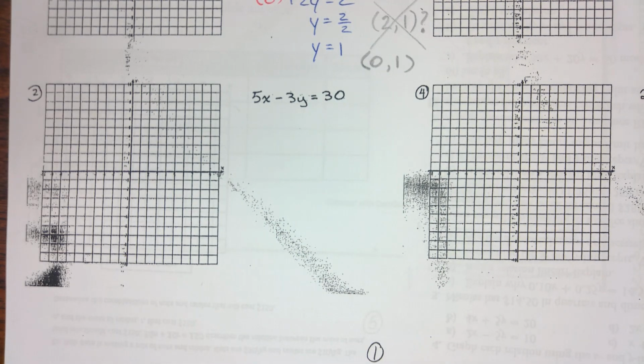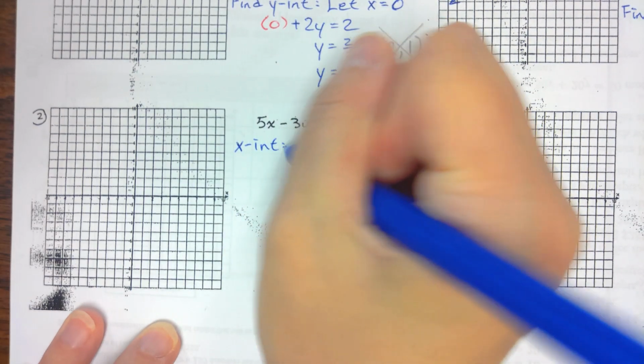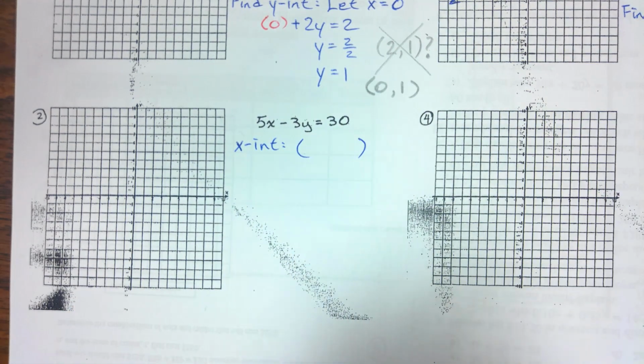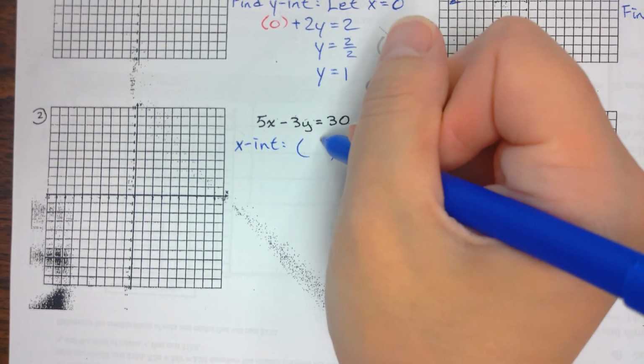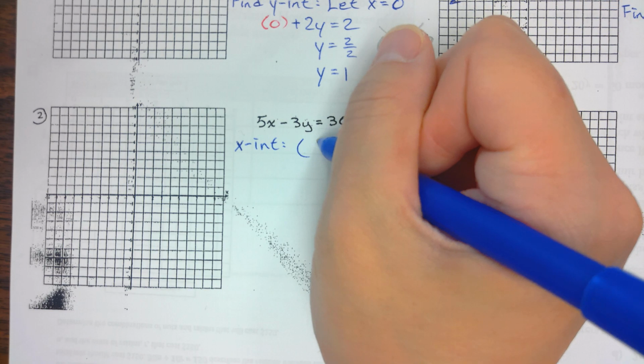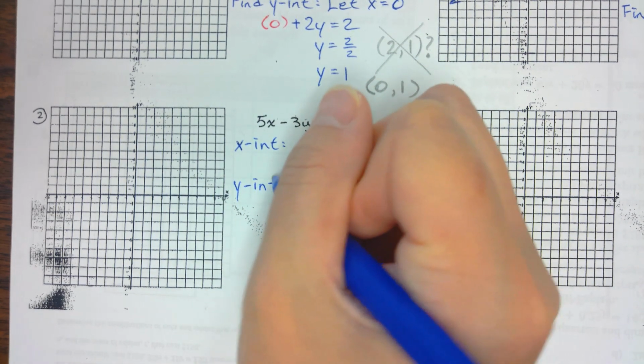Okay, number 2, the x-intercept. Casey, what did you get? Positive 6, so 6, 0. Okay. And what about the y-intercept?